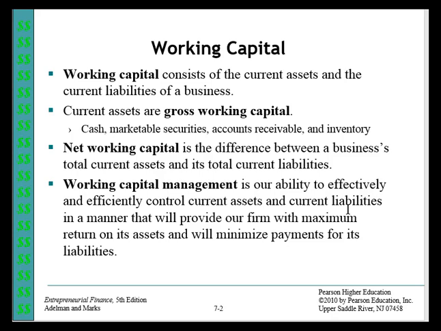And of course, inventory is turned into product and ultimately is sold. So net working capital is the difference between current assets and current liabilities. And of course, management of that talks about how effectively and efficiently we control that process.